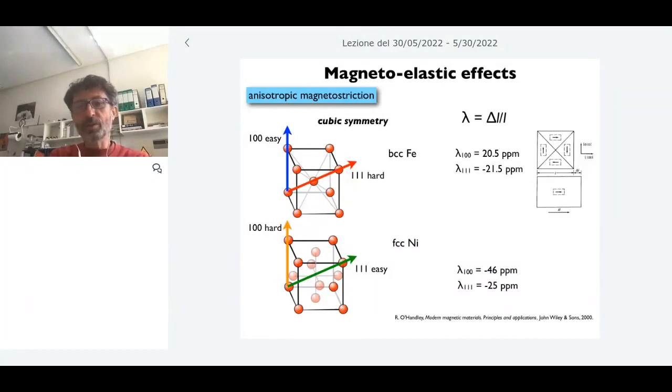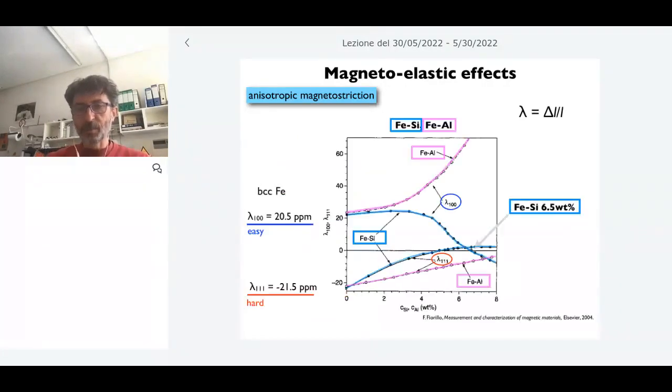Well, you imagine that now you can make this for every kind of crystals and so on. And discover that you may have deformations connected with the magnetization being in certain direction or other. How does this change? For example, if I take materials that are used in practice.